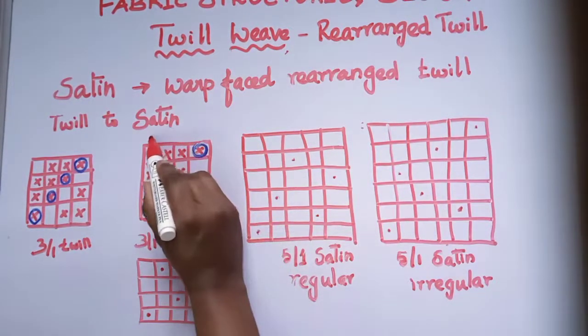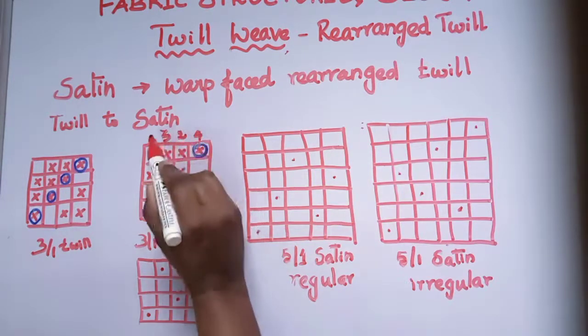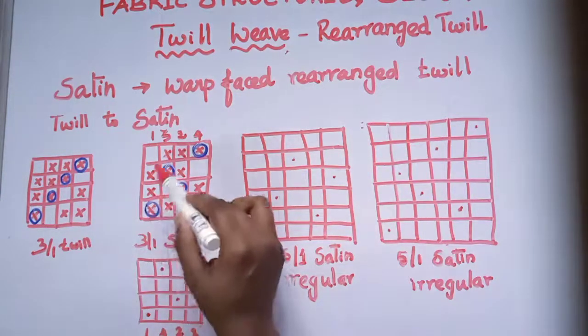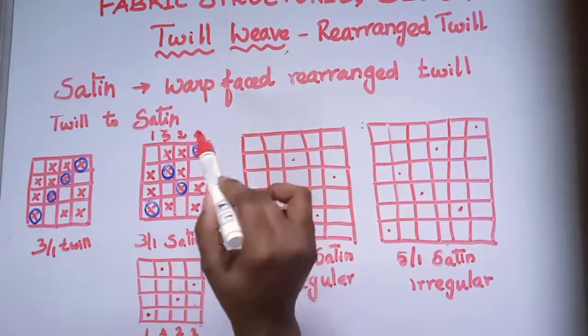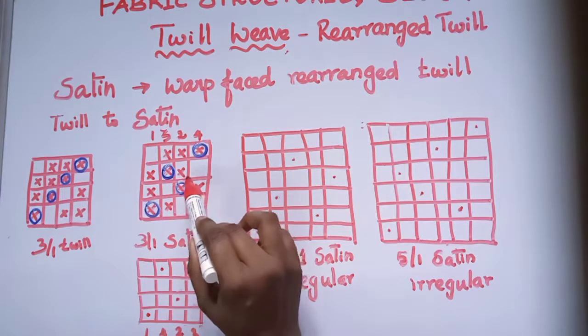Here the starting point is 1 3 2 4, and here the starting point is 1 4 2 3. So we can rearrange the starting point. If we rearrange the starting point in a particular pattern, that weave is known as regular satin.